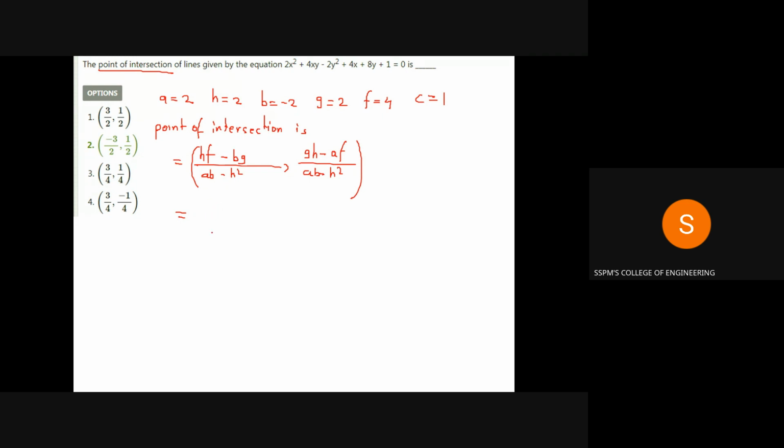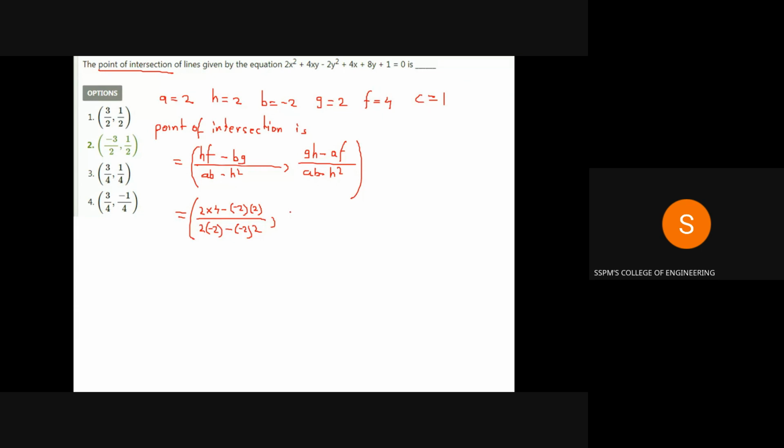So now we will put all the values. For hf, the value of h is 2, the value of f is 4, minus the value of b, which is minus 2, and the value of g is again 2, whole divided by ab minus h square. So a is equal to 2, b is equal to minus 2, minus h square. What is h? h is 2, so 2 square. This is the x coordinate.